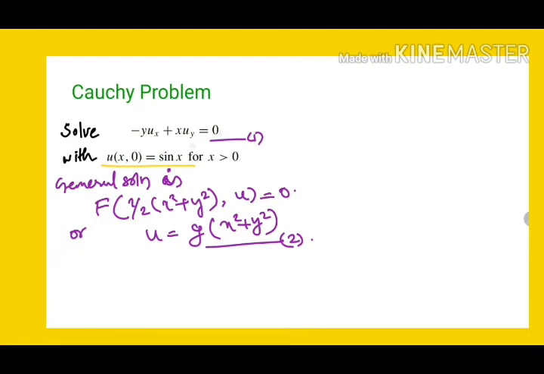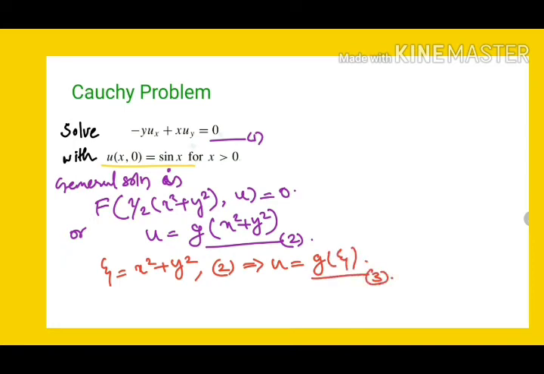We introduce a parameter theta as x square plus y square. Therefore we can rewrite equation 2 as u is equal to g of theta. This is the parametric form, equation 3.